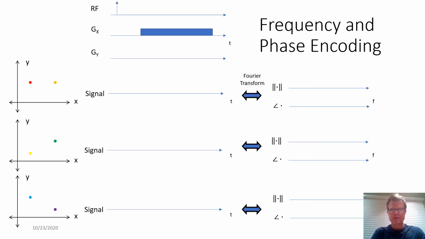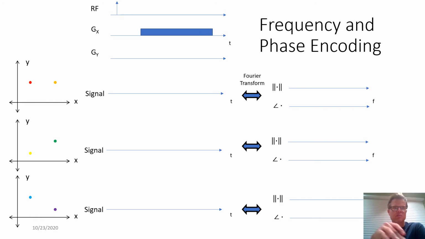Okay, so we're going to go back to this example of a simple imaging problem where we want to distinguish these three different configurations of these 2-point objects. And I'm going to start off here just looking at, again, as we did before, just having a frequency encoding gradient on. Although the one thing that's going to be different is there's a gap between the excitation and the frequency encoding gradient.